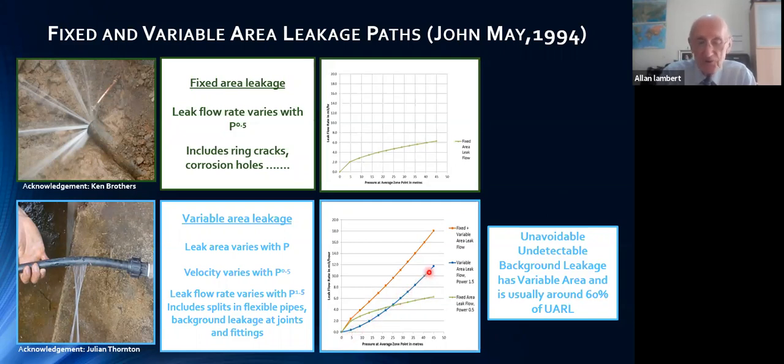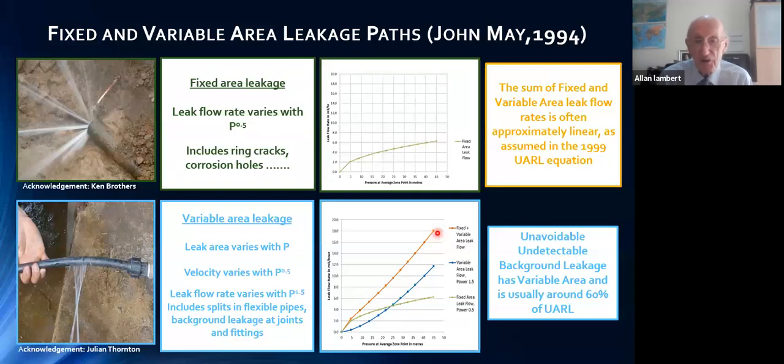So it's 3 times as sensitive as the fixed area leaks. And the background leakage at joints and fittings is also a variable area leakage. So when you put together the fixed and variable area leakage and get the brown curve, particularly for large systems with higher proportions of rigid pipe materials, then you get something which approximates to a straight line. And that's why we used a linear relationship between the average pressure and leak flow rate in the original equation.